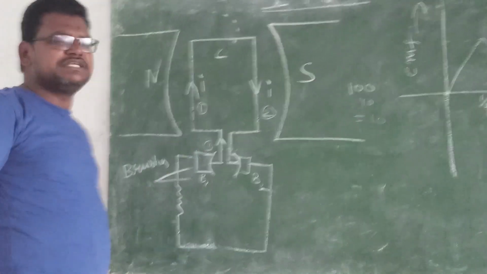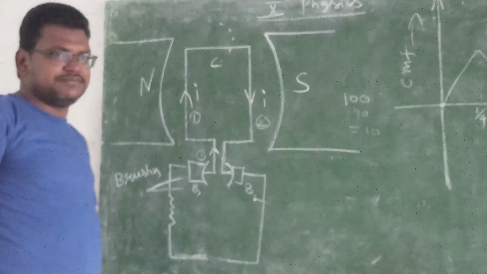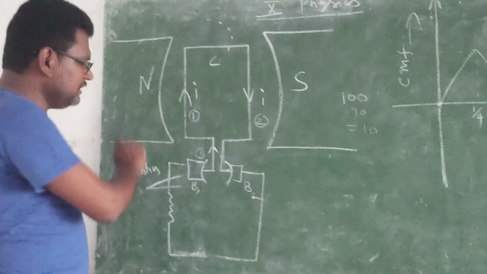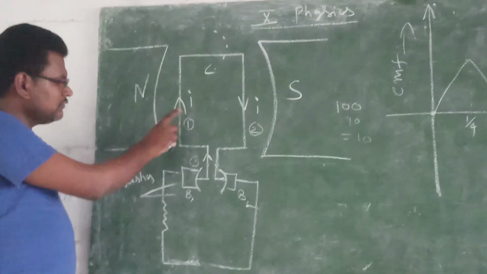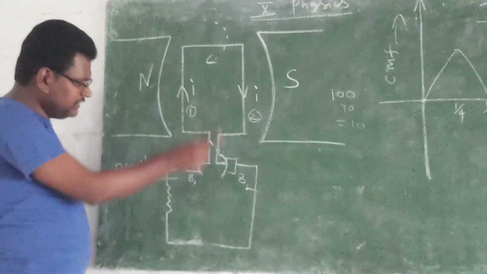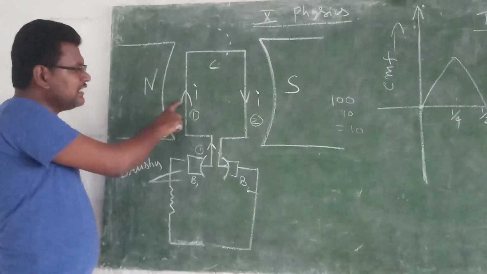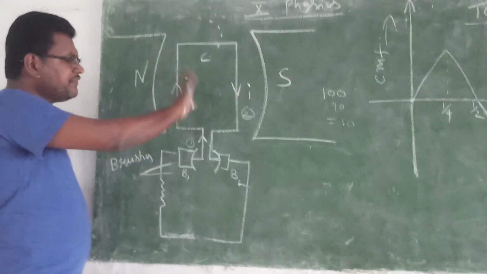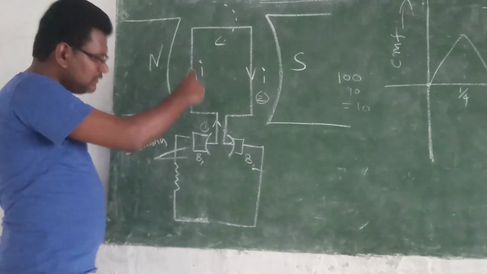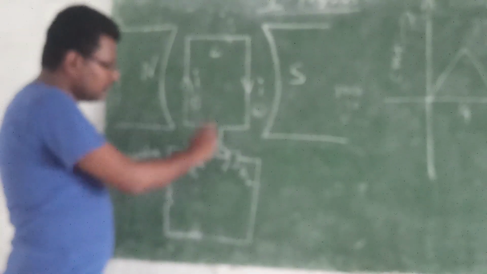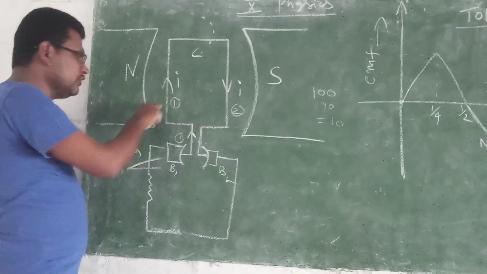So why is it called a DC generator? Because it produces direct current. Now see here what happens. At the very first, the wire labeled 1 is in touch with brush B1. In this direction the current is in the upward direction. After the half rotation, this wire goes to here and the second wire comes to here.